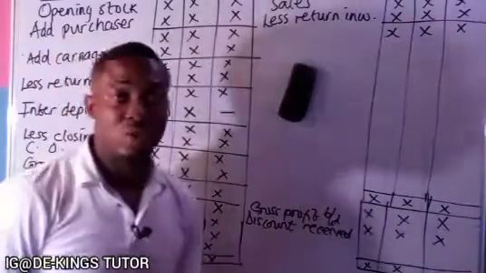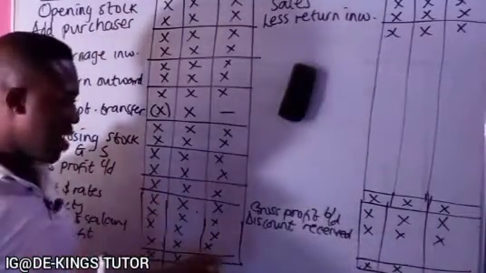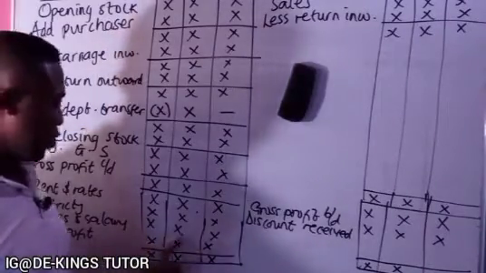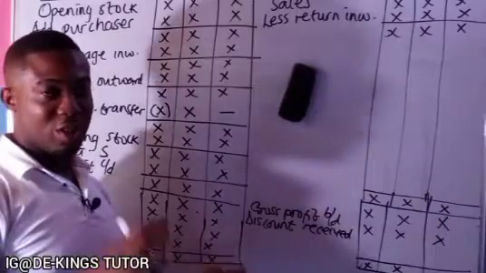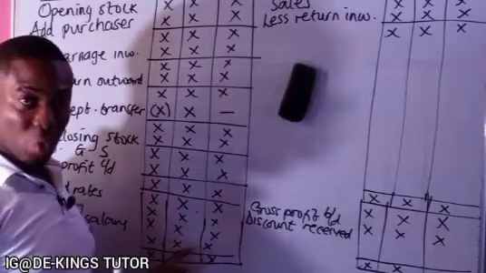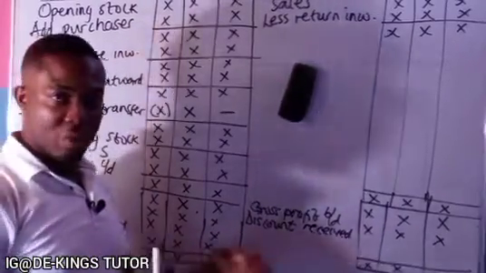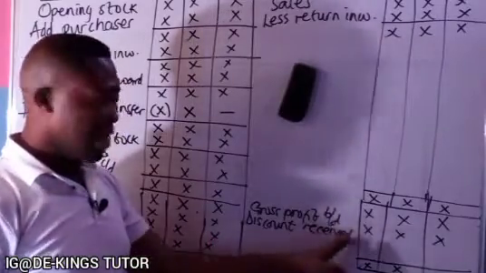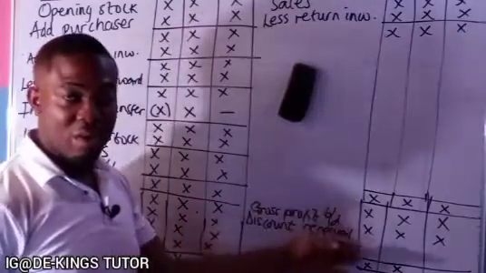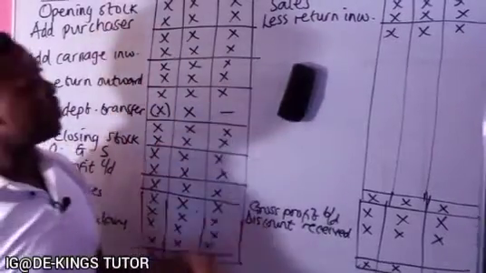Now listen, most times you will notice in some questions that Department A might have a net profit, while Department B might have a net loss. So it is not a must that both of them will have profit. Most times Department A might have profit, while Department B will have loss. Of course, we know profit is when the income is more than the expenses, and loss is when the expenses are more than the income for that department. So that is the format for the departmental trading profit or loss account.